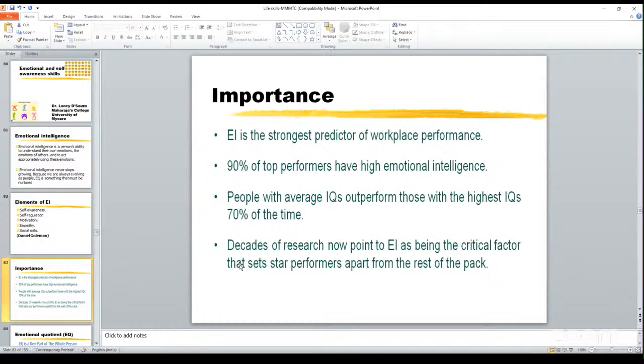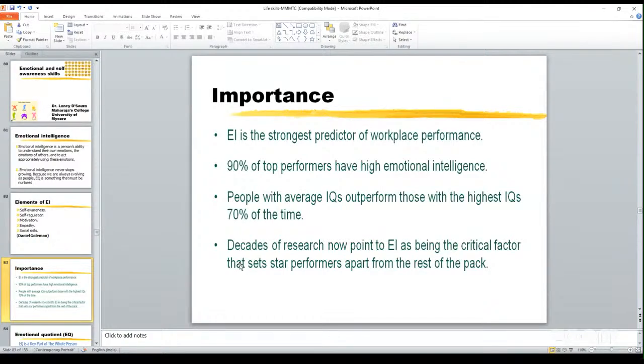Now, why is the focus nowadays given more to emotional intelligence? It's said that it's the strongest predictor of workplace performance. Being emotionally intelligent, you can manage things better. A survey has said 90% of the top performers in the world have high emotional intelligence.